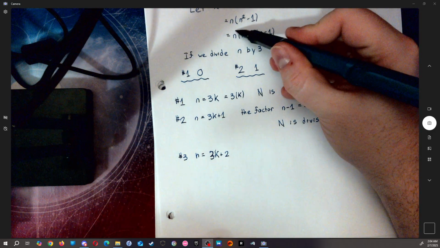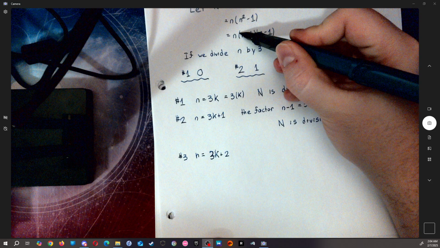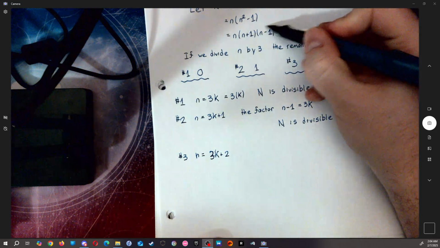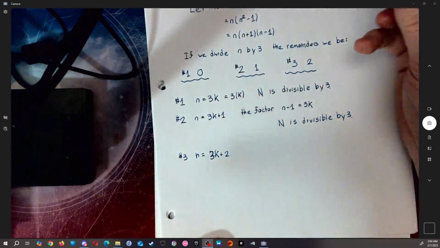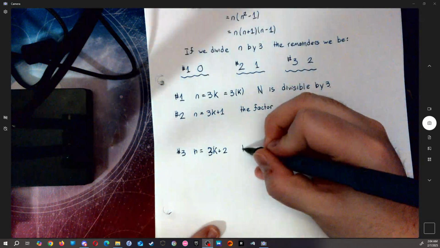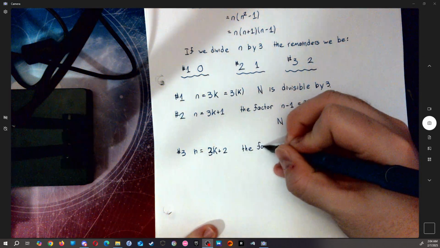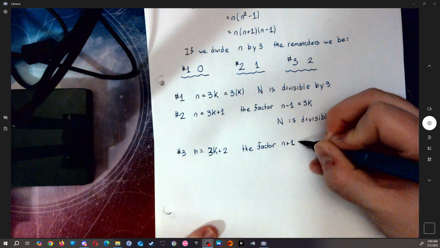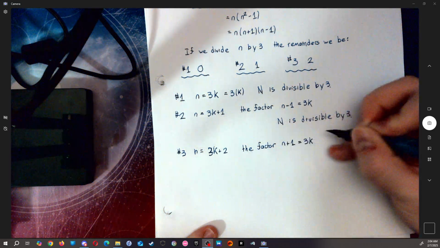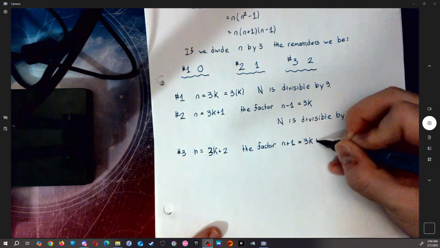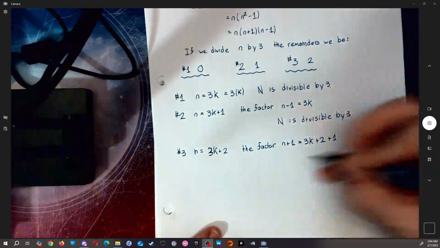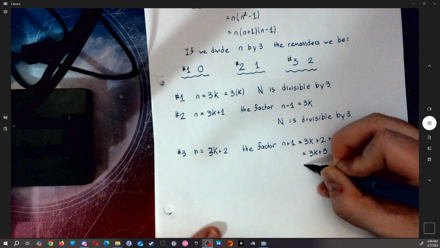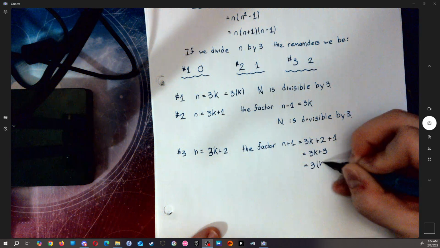Scenario 1, this one was divisible by 3, and now we've gotten to our third scenario where the factor n plus 1 is equal to 3k, because it would be just equal to 3k plus 2 plus 1, and then of course when I group these together, it would just be 3k plus 3, and then the 3 can be factored out.